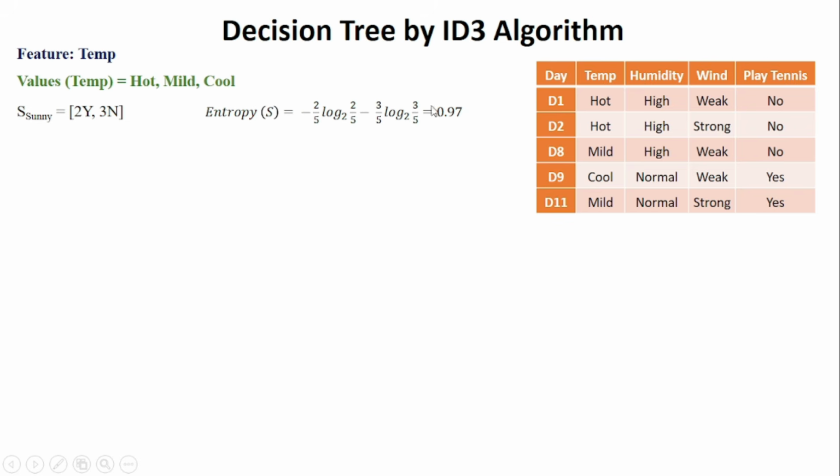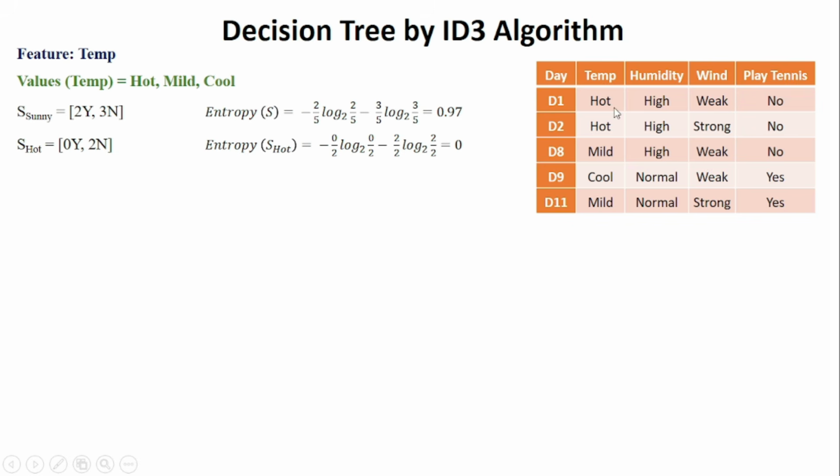Out of these 5, the entropy is 0.97, so in these 5 you have 2 yes and 3 no. For temperature we have 3 values, namely hot, mild and cool. We are going with hot first.